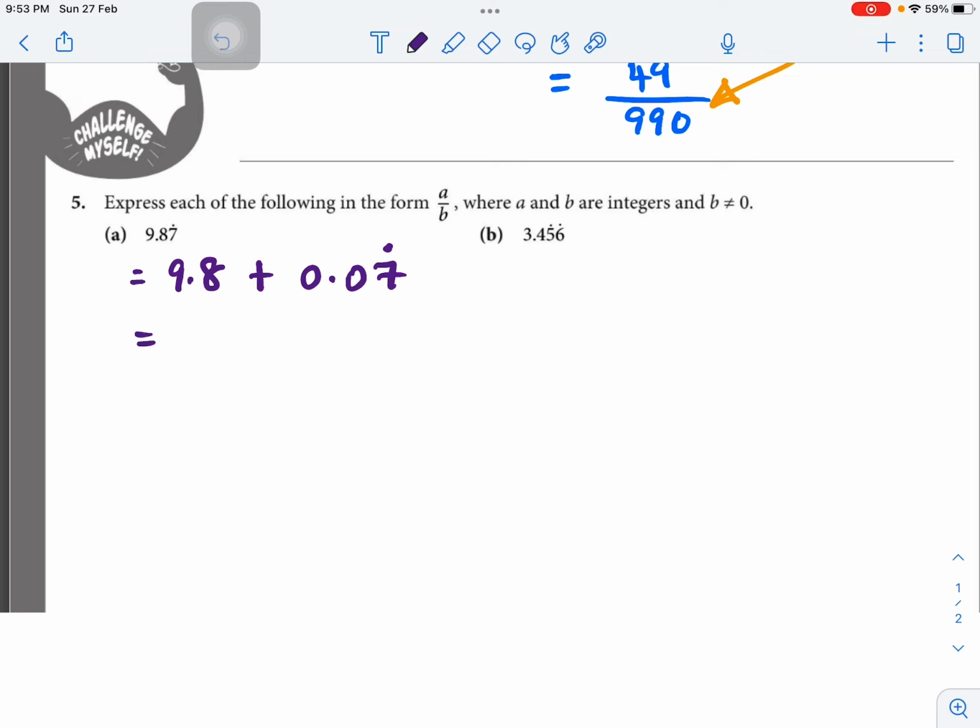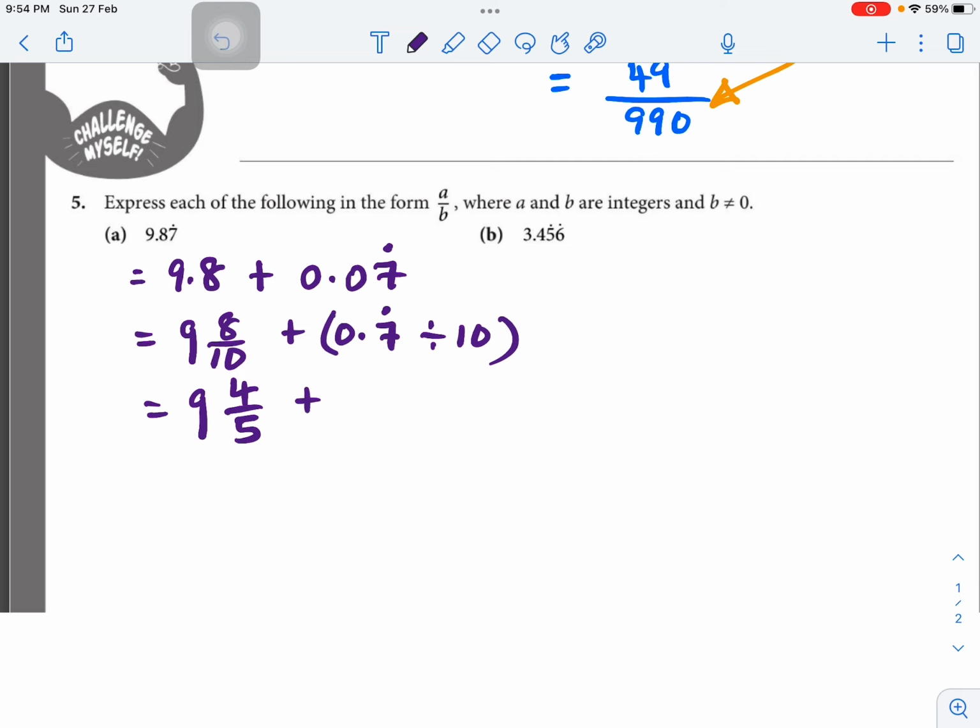So what is 9.8? 9.8 is 9, 8 over 10. How about this? This is the same as writing 0.7 recurring divided by 10. And this one you can convert to 4 over 5.